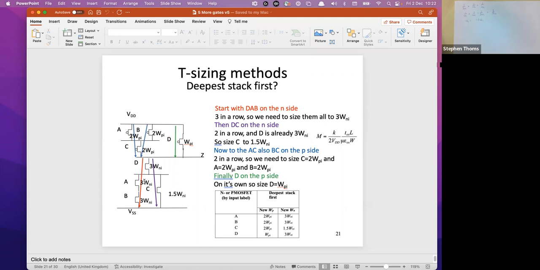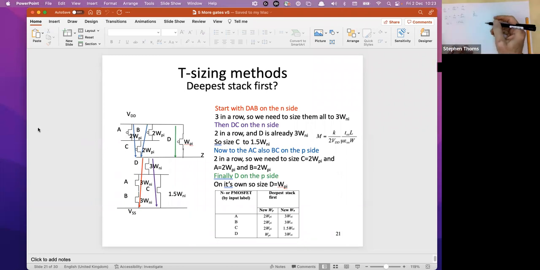And if you remember with the unit inverter, if you work out the delay times, they're based on essentially RC. But when you calculate it all out, the effective impedance of a transistor is 1 over the width.